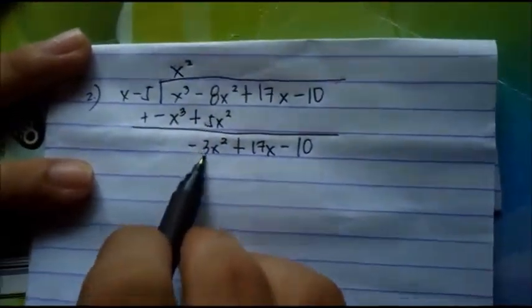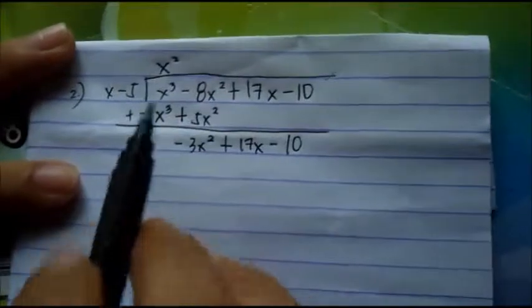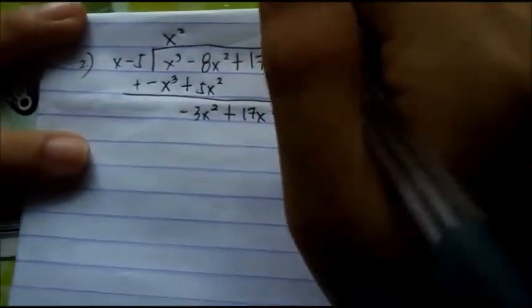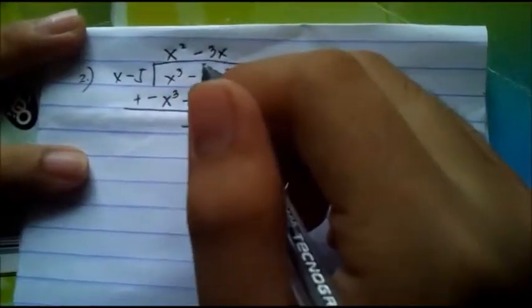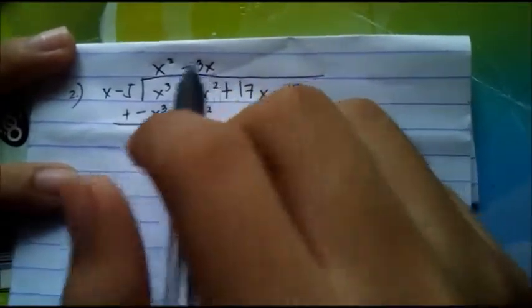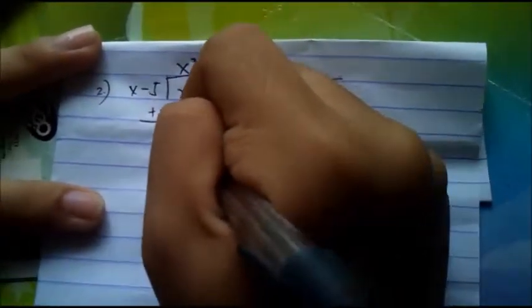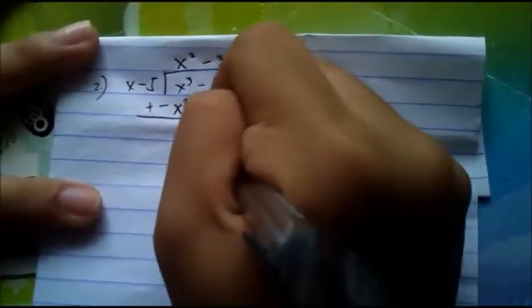So, negative 3x squared divided by x equals negative 3x. Negative 3x times x equals negative 3x squared. Then, change the sign. It becomes positive 3x squared.